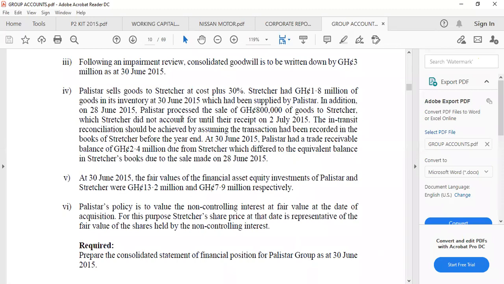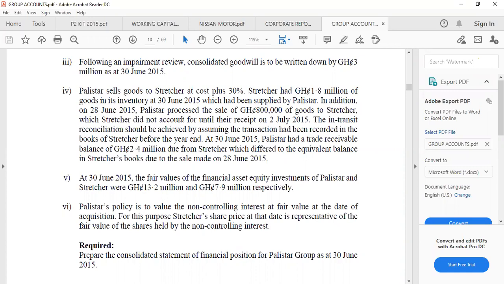Polyester proceeds. In addition, on 28th June 2015, Polyester processed the sale of 800,000 of goods to Stretcher, which Stretcher did not account for until their receipt on 2nd July 2015.